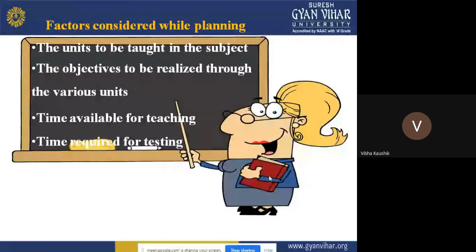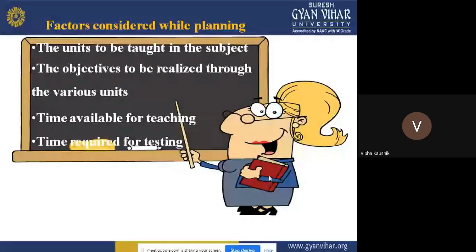We have to plan accordingly to the objectives which we want to realize. What are the different objectives which we want to achieve, which we want to realize through the various units which we are going to teach to the students?